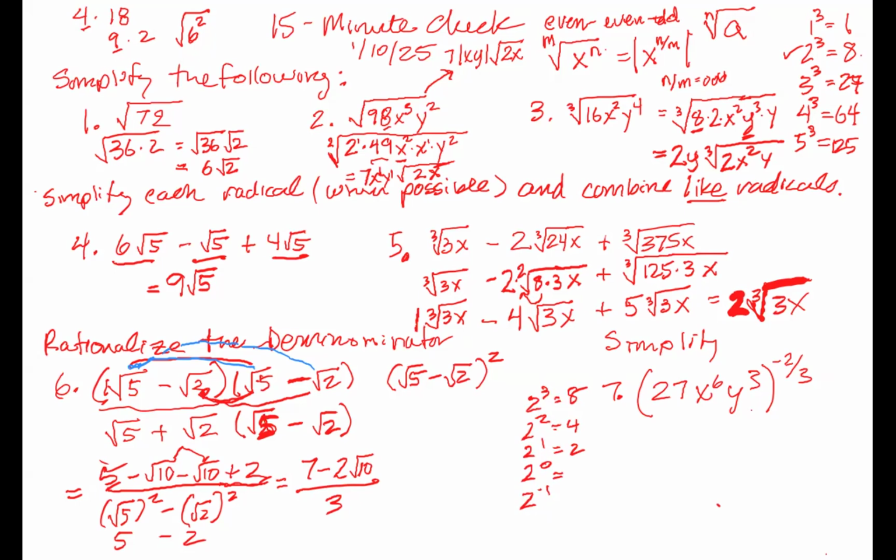You'd think it would be 0 because anything we multiply by 0 is equal to 0, sorry. But look at the pattern that we have here. From 8 to 4 to 2, what are we doing each time? Dividing by 2, right?